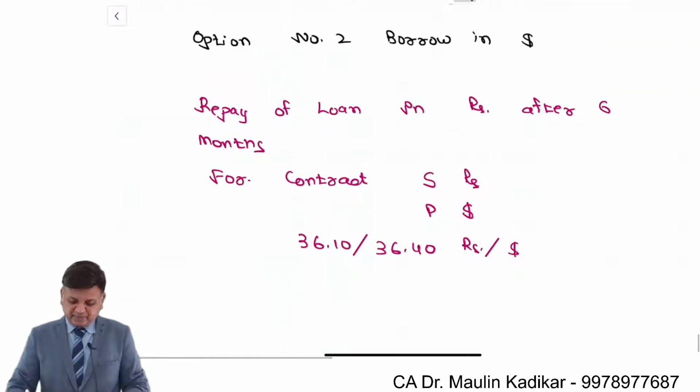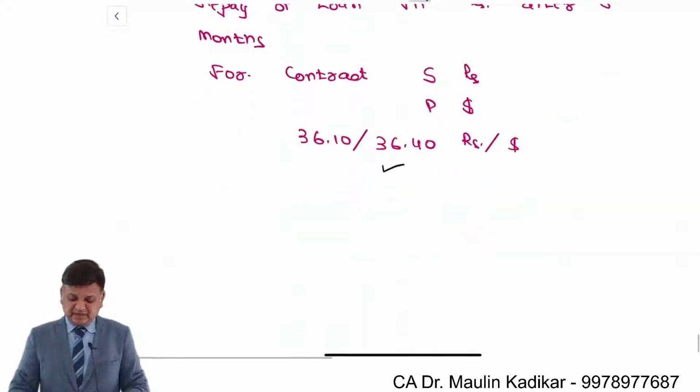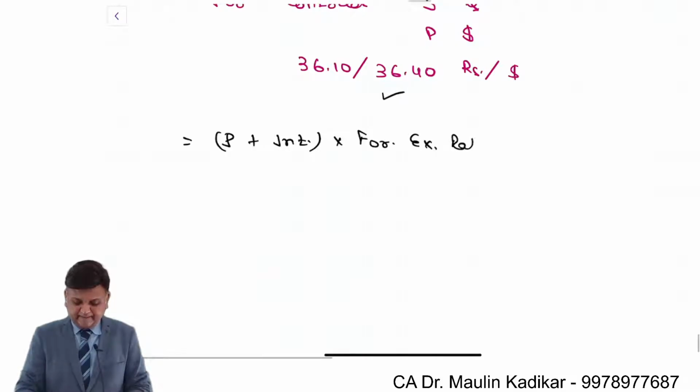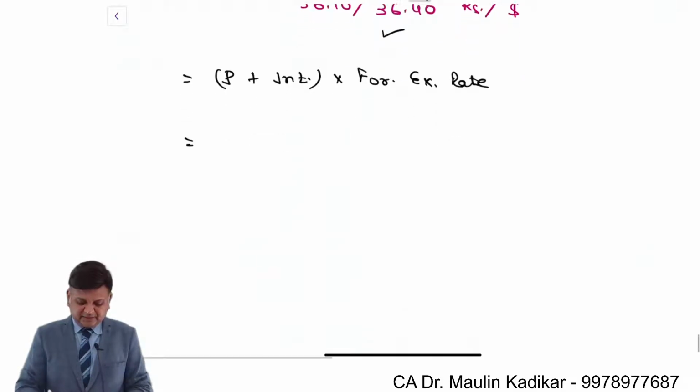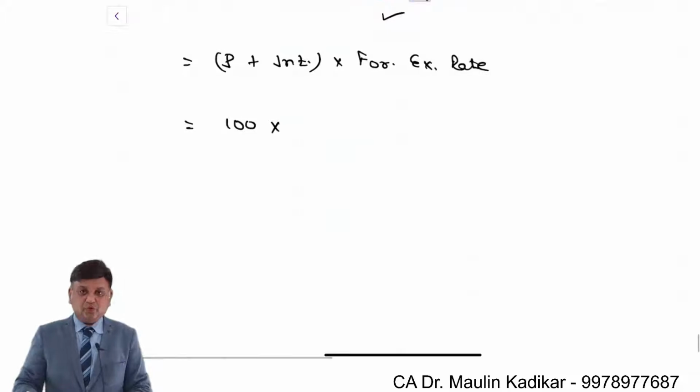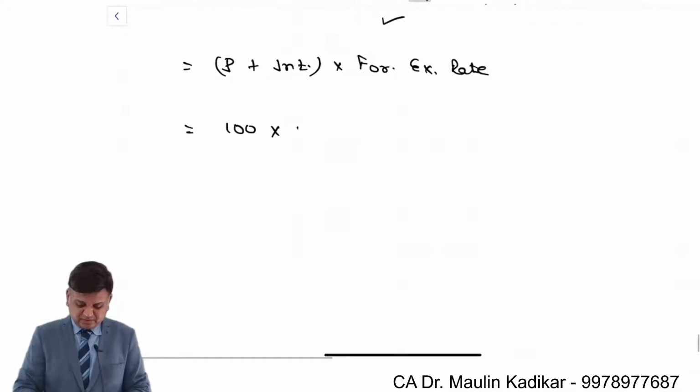Okay. Sell of rupees and purchase of dollar. This is the rate which is applicable. Principal plus interest into forward exchange rate. Simple. The principal amount is 100 into rate of interest would be 2.75%.